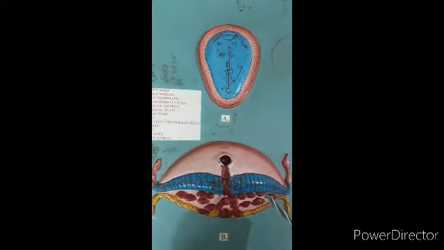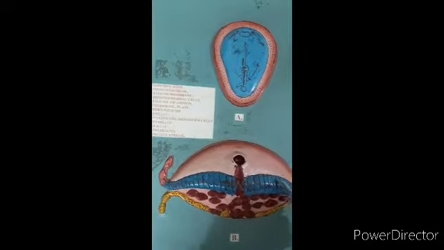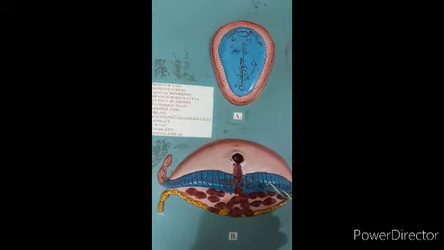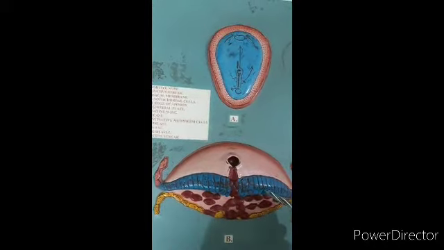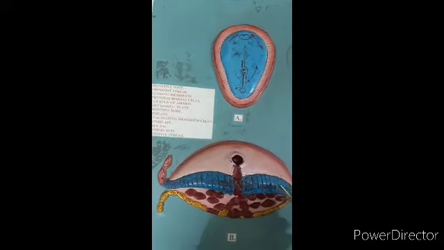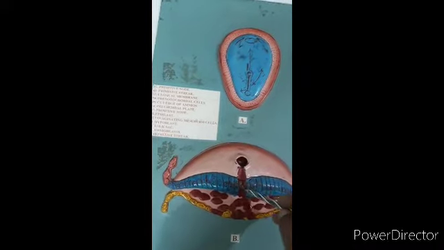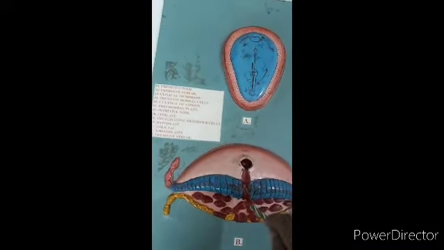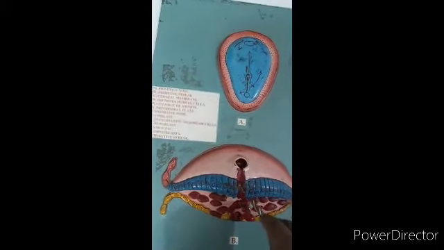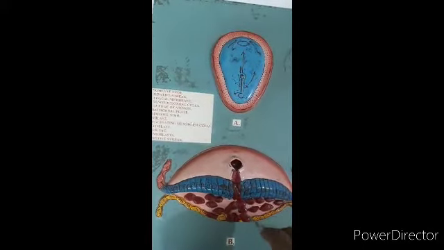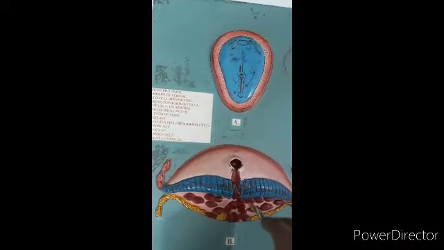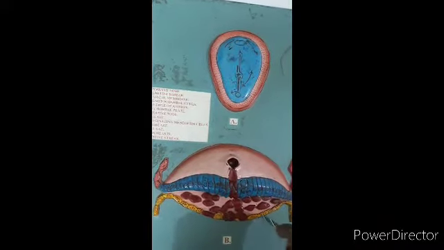Now, the remaining epiblast cells differentiate into ectoderm. Some cells migrate from the primitive streak region deeper to the hypoblast region, and they transform the hypoblast cells into endoderm.